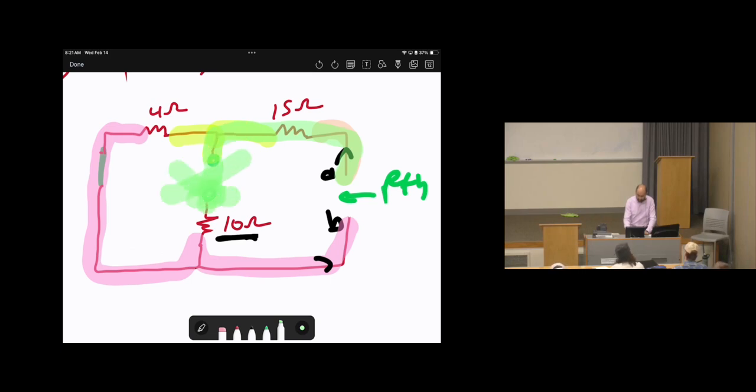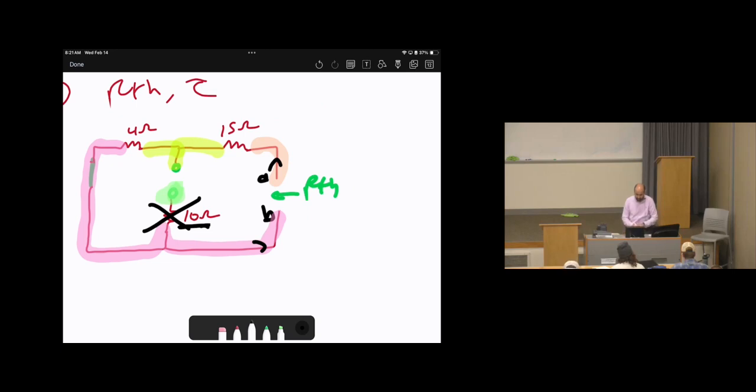No, here we cannot go because it's an open path. Let me start from B. Can I go from here back to A? No, there is no way. There is no way to go from A to B using the 10 ohms resistor. Therefore, the remaining things that we have, 15 and 4, are in series. So this will be 15 plus 4. So R Thevenin will be 19 ohms. Okay?